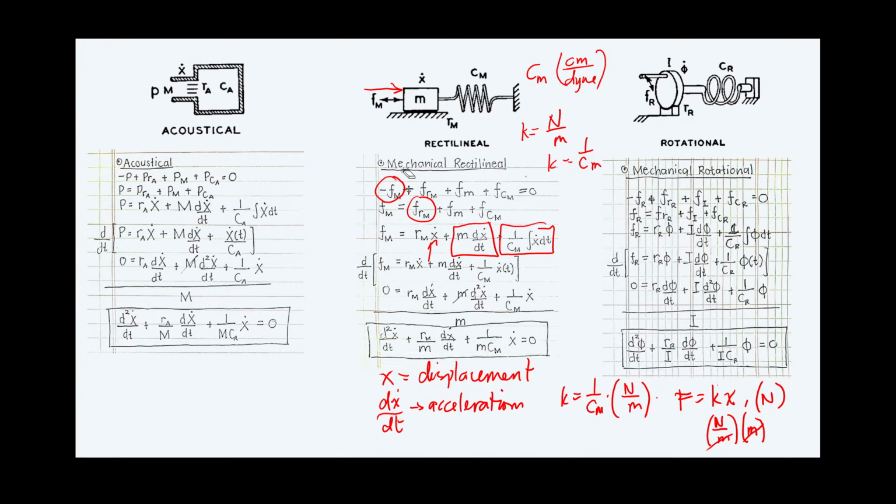And the same also for Rm. Why is it positive? Because if you exert force there, the friction will exert force in the opposite direction, and the same for your spring and also your mass. This one is for the mass. I hope you understand the analogy.